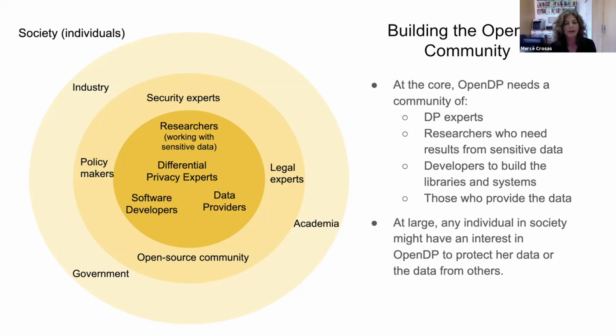Overall, anybody within industry, academia, and government can be part of that community. And at the outer ring, we even see any individual in society that is interested in his or her privacy and also in solving challenges in society that can use OpenDP.